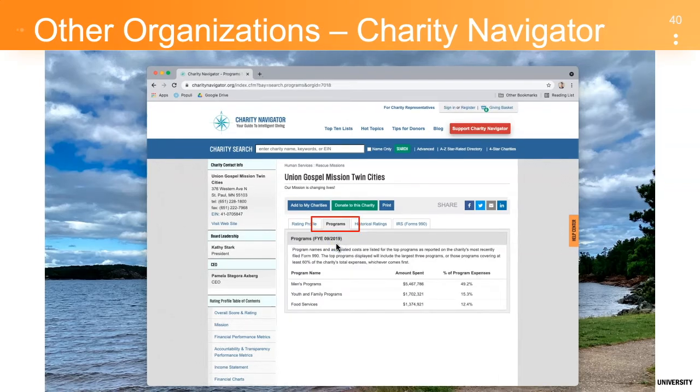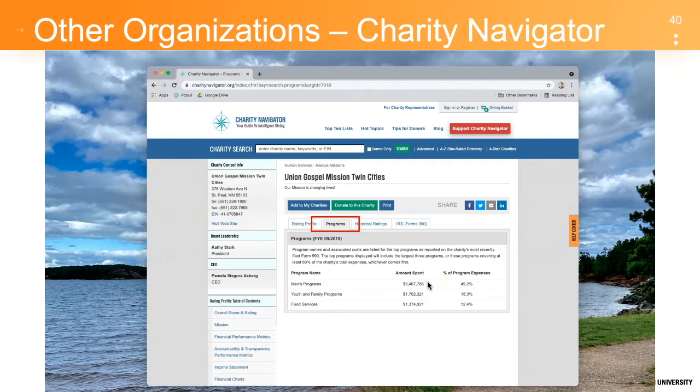The second thing you'll be able to find out is programs. Now, this gives you a good sense of where your organization will fit. So when it comes to men's programs at the Union Gospel Mission Twin Cities, approximately $5.5 million is going into the budget. Almost 50% of its total budget is being used to support men's programming.